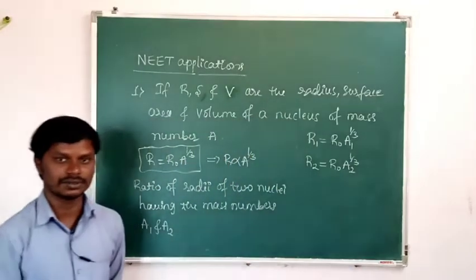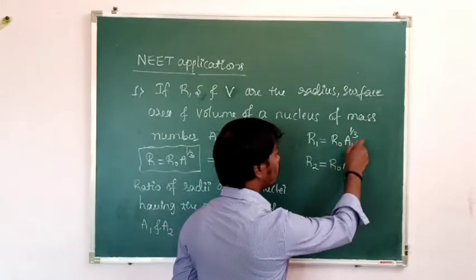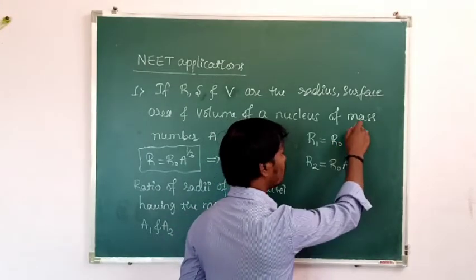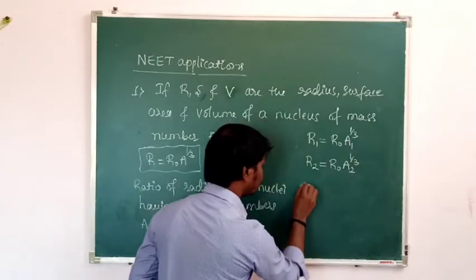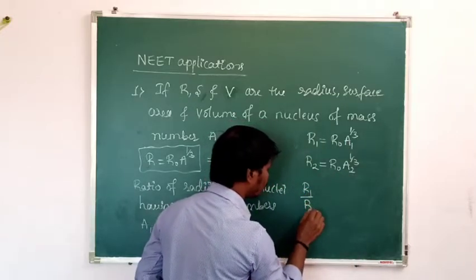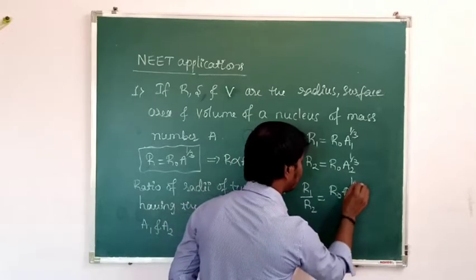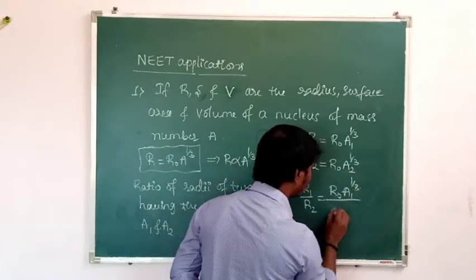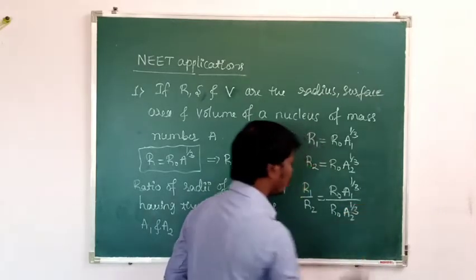Take the ratios, means R1 by R2 is equal to R naught into A1 raised to 1 by 3 divided by R naught into A2 raised to 1 by 3. Then what gets cancelled here?